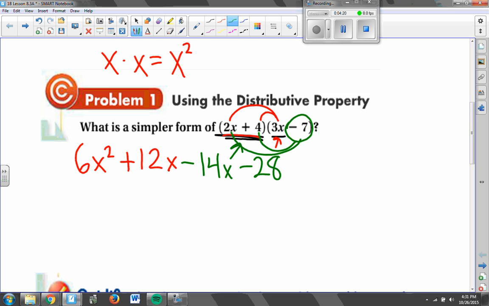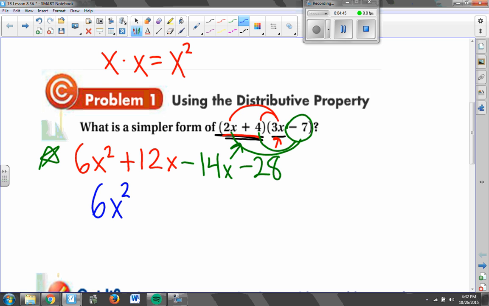And so now I have right here a 4-term polynomial, but I can connect these two middle terms and put those together. So I'm going to rewrite my final answer so that it's very simple, no parentheses, no like terms. I'm going to have 6x squared. I have a plus 12x and a minus 14x.